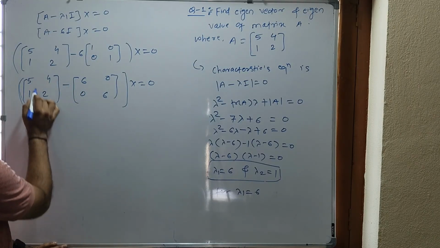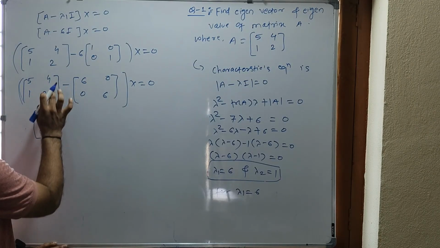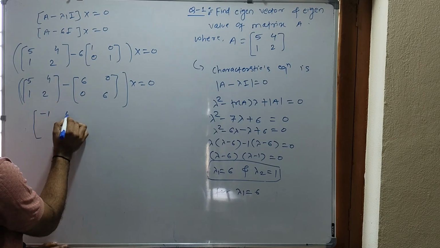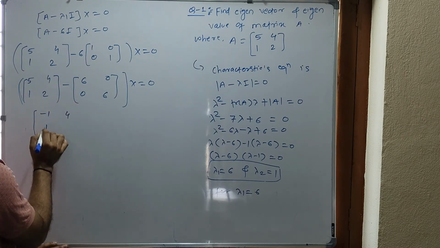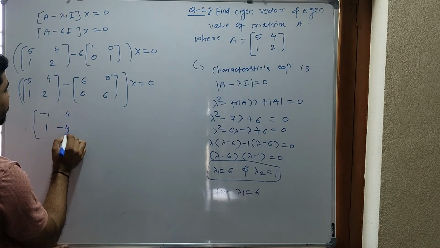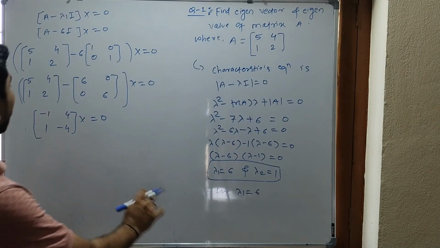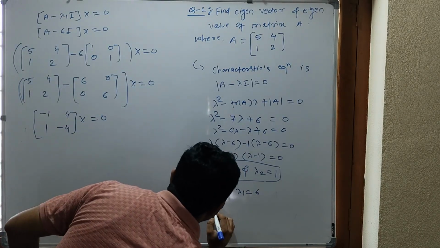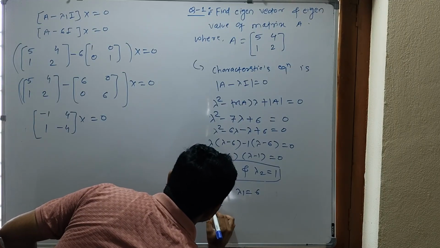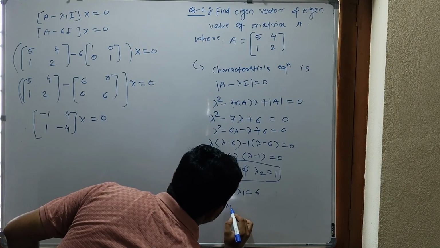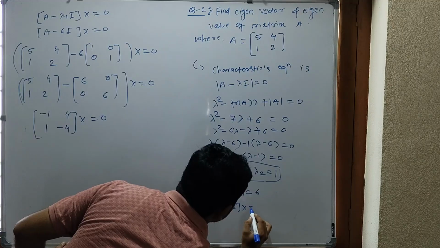So 5 minus 6 is minus 1, 4 minus 0 is 4, 1 minus 0 is 1, 2 minus 6 is minus 4, times X equal to 0. So this is the matrix.